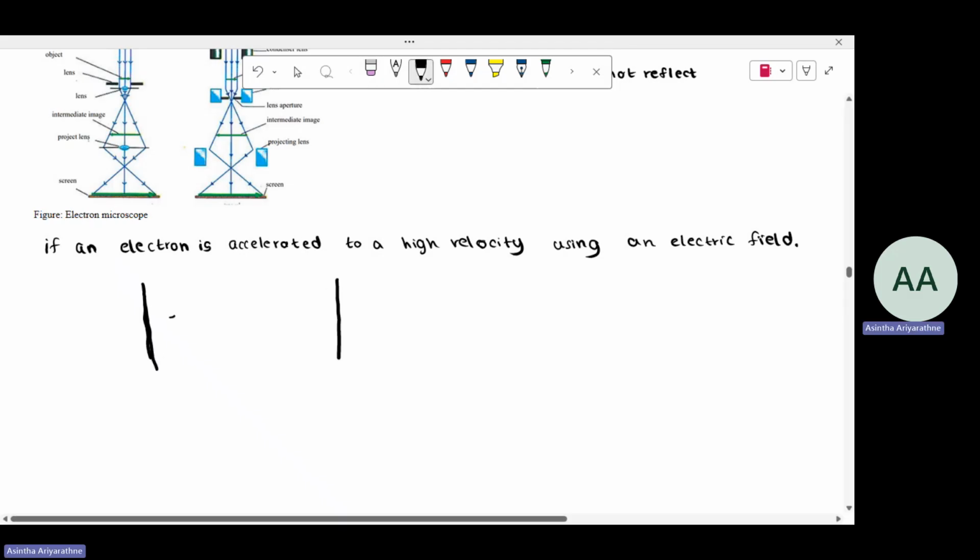Right, so this is the electron, initial velocity let's say V0, and after reaching the other side let's say it is V. So the potential difference is V, capital V.